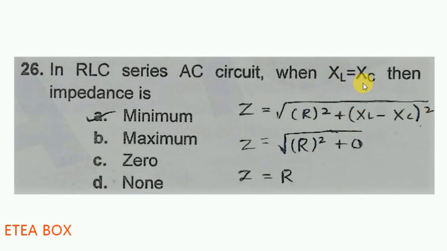Now when XL is equal to XC, the XC cancels the XL and it gives 0. So in this case Z is equal to R. So we can say that when XL is equal to XC, the impedance is purely resistive, and in this case the impedance is the minimum. Option A is the correct one here.